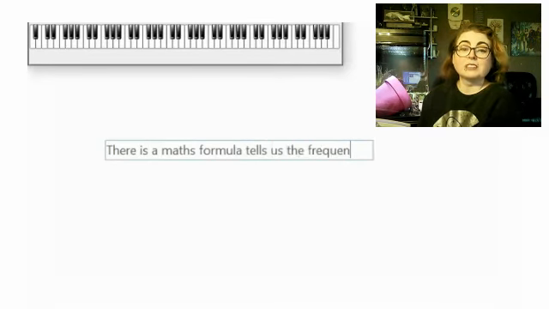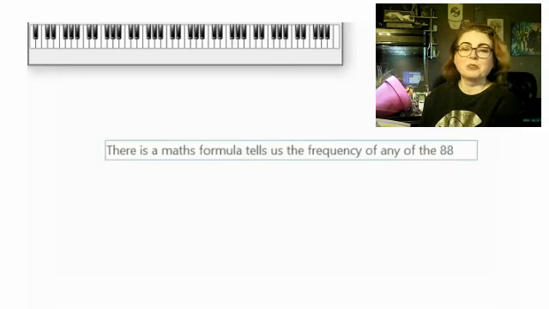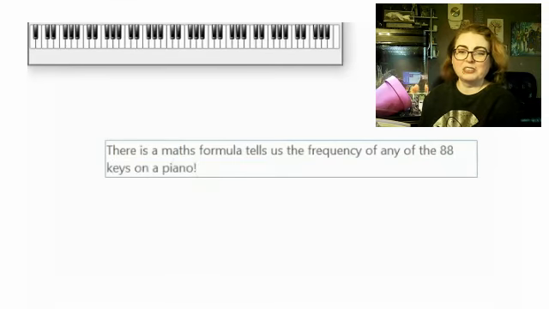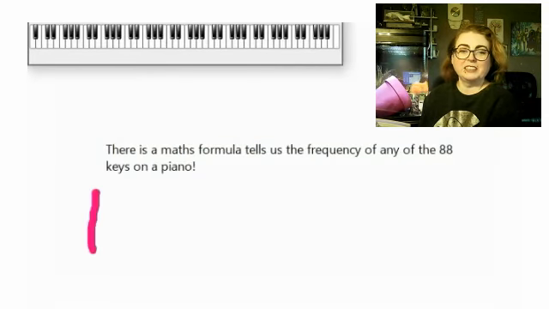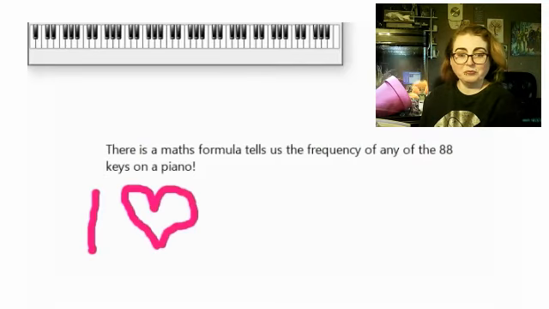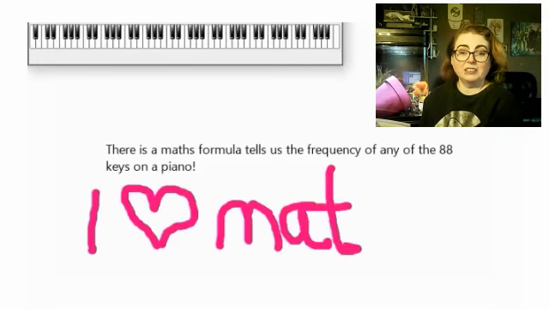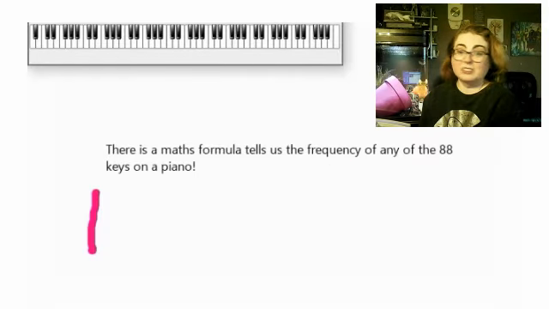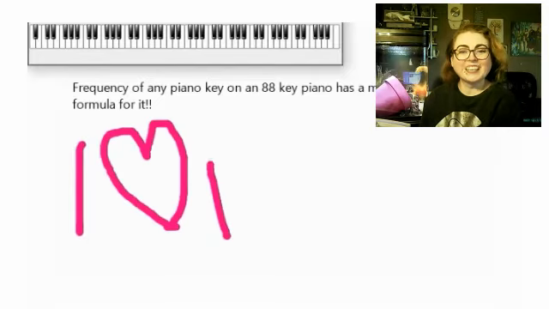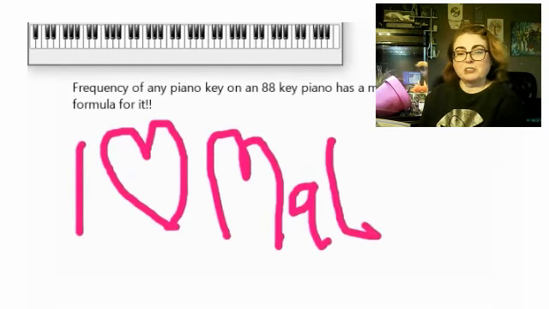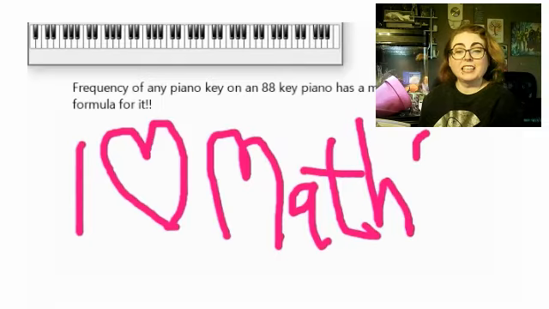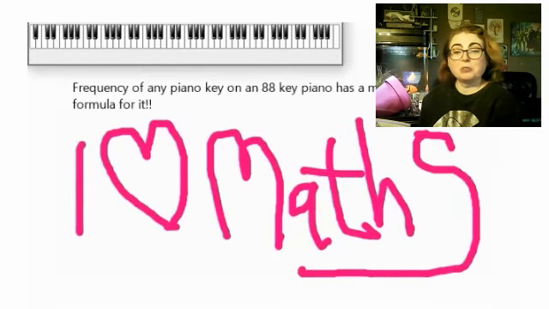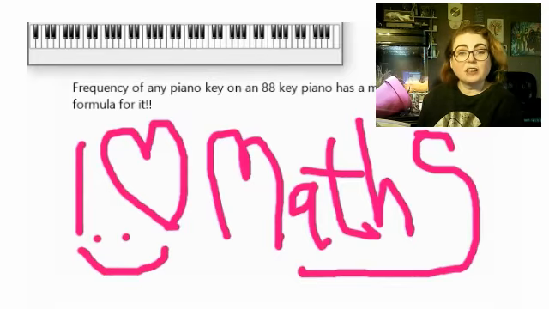So there is actually a maths formula that tells us the frequency of any of the 88 keys on a piano. If you pick any key, if you numbered them 1 to 88, we'll call the number of the key n, and this formula will work for any key on the piano.